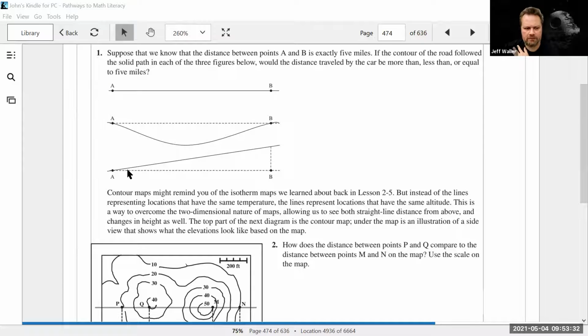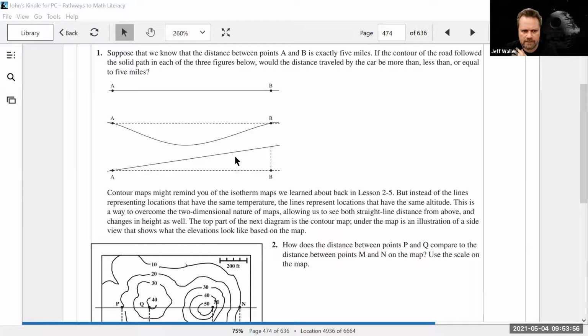Now this gets a little bit freakier. This one, what if I went up and then I just dropped? Can you tell the difference between these two? Which one would be the longer distance traveled?